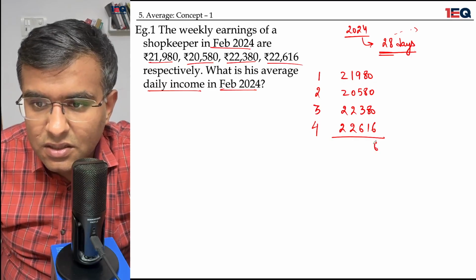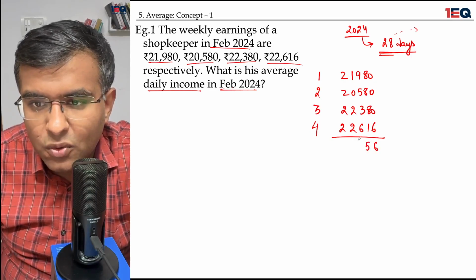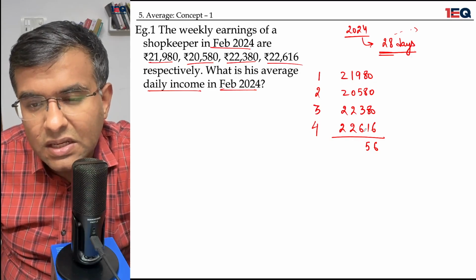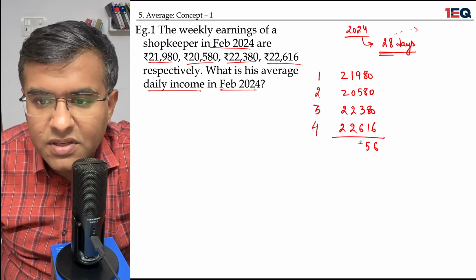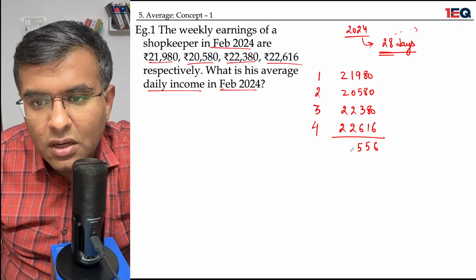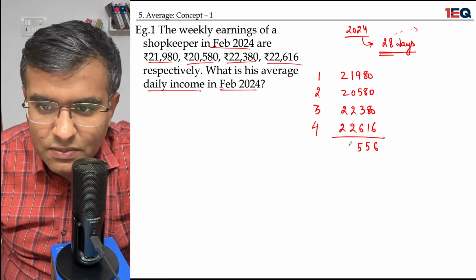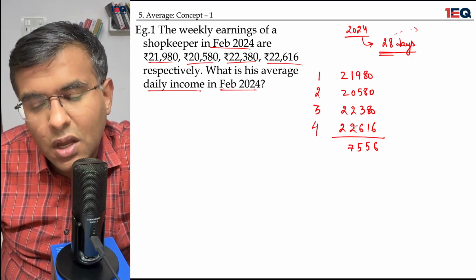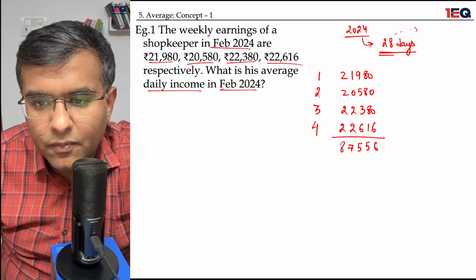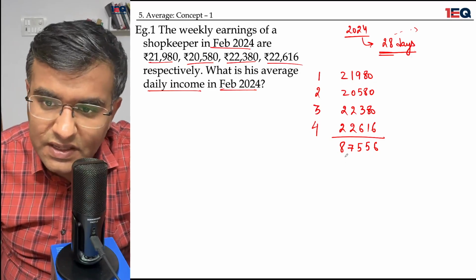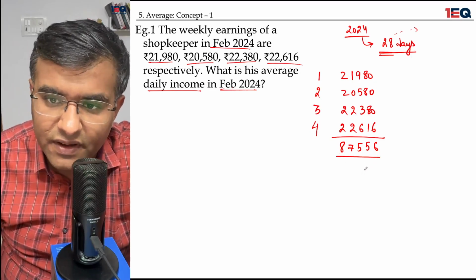This is 6 here, this is 24, and then 25, 2 in carry, 11 plus 8 is 19, 19 plus 5 is 24, another 2 carry, 2 and 3 is 6, 6 plus 1 is 7, and this is 8. This is 87556.